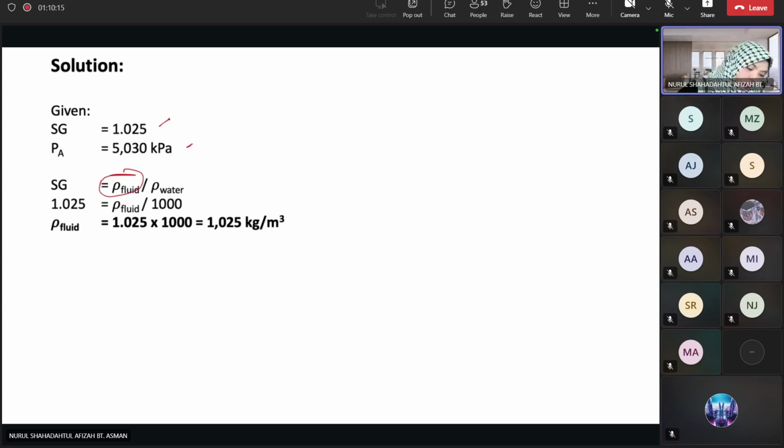So you get 1025 as the density of fluid.